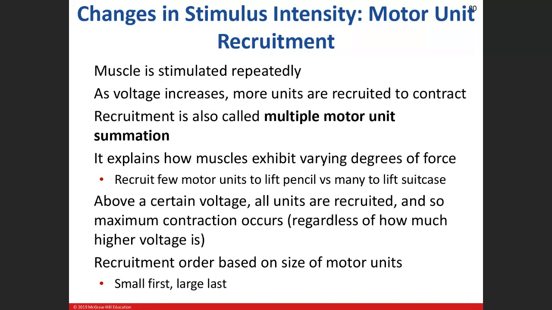The example that's listed up here on the board is, do you use the same amount of force to pick up a pencil as you would a 50-pound suitcase? No. Okay? And that all involves what we call motor recruitment. Right? So what will happen is, in the experiment that we were discussing, at a certain voltage, you'll recruit a certain amount of muscle fibers.